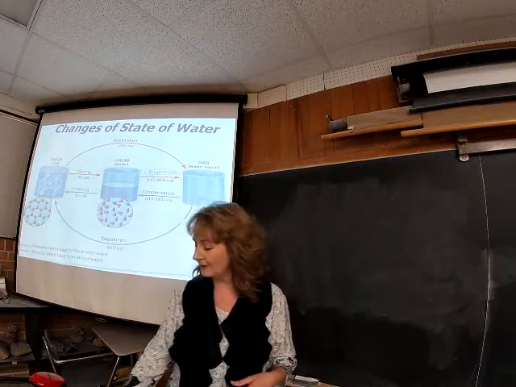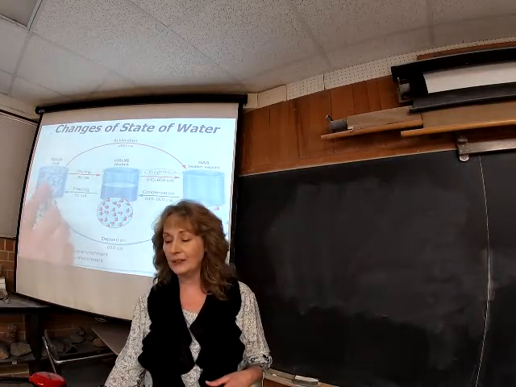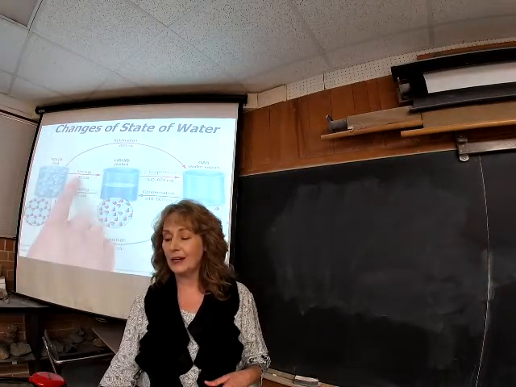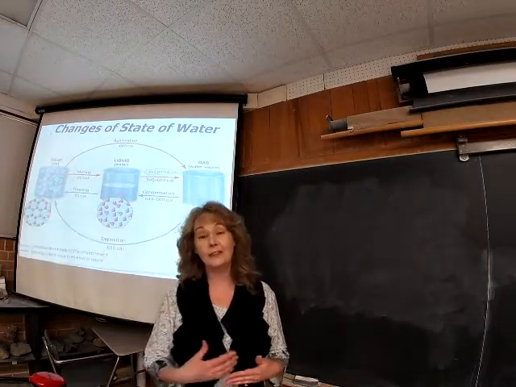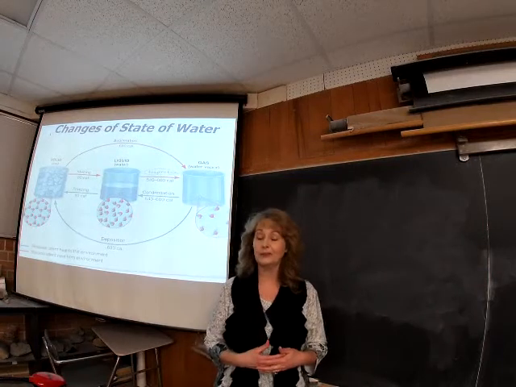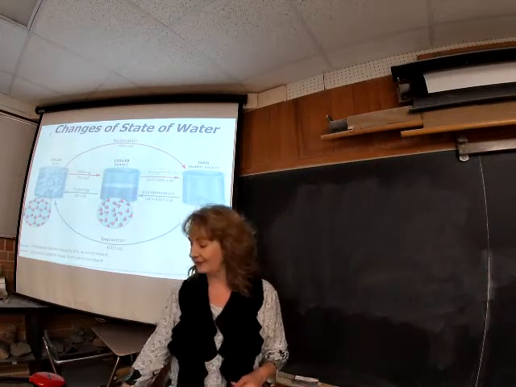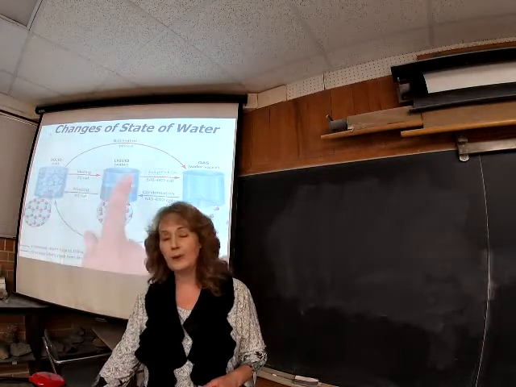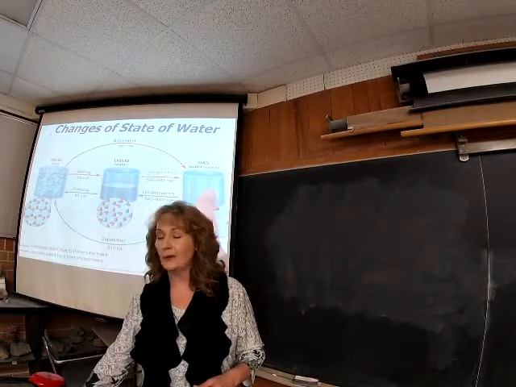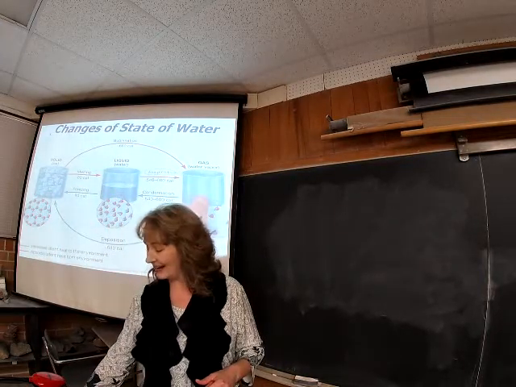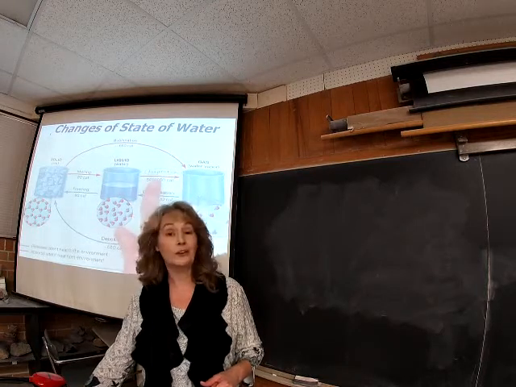And so if we look here at melting, we're going from solid to the liquid phase. The melting. You're going to have an input of 80 calories, as we mentioned before, to achieve that physical change of state. If we were to go from liquid to water vapor, gas, that's actually called evaporation.